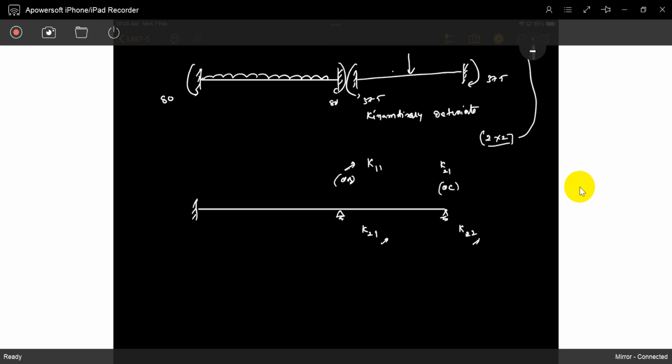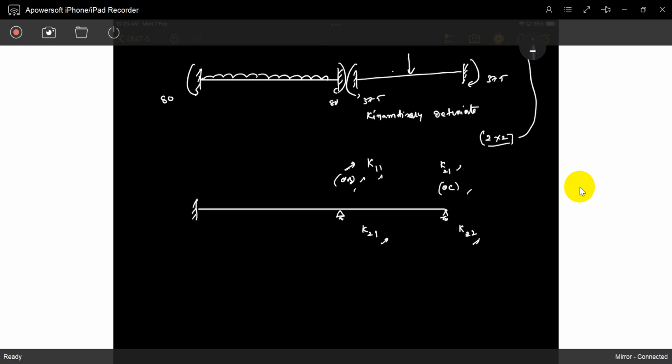Do you understand? So directly no need to take a 6 by 6 or 4 by 4, 4 degrees of freedom. No. Here, in the total problem, what are the degrees of freedom? Theta B and theta C. Take those 2 degrees of freedom only. If you apply a unit rotation here, find out the force generated here and the force generated here.